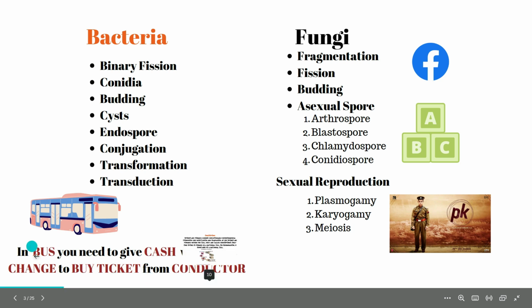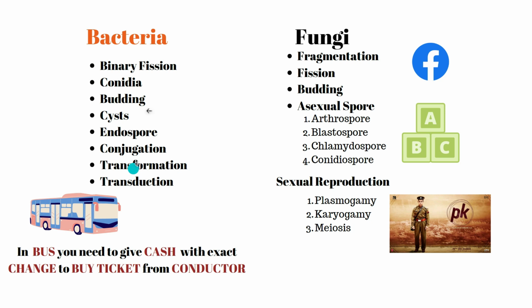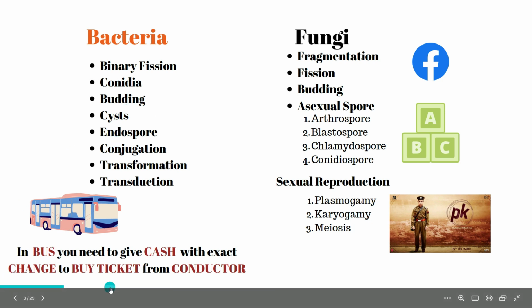So the B stands for binary fission, C stands for conidia, exact stands for endospore, change stands for cyst, B stands for budding, T stands for transformation, C stands for conjugation. So most of the reproduction process by bacteria is covered in this sentence.